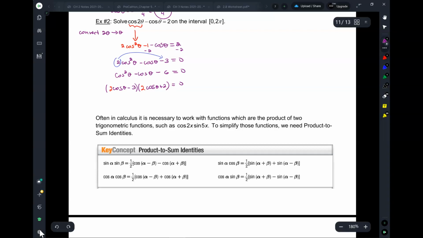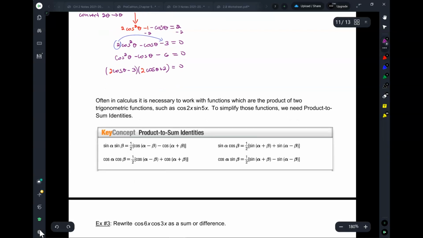And then you have to simplify any that can be simplified. So here, this is all good. But here you can divide both of those by 2. So it's cosine theta plus 1. So either way is fine. Use whatever method you like, but please factor correctly.